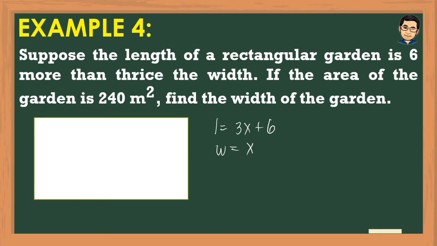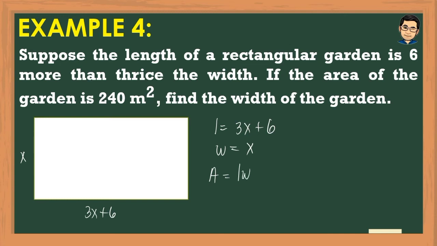Okay, and then the given area is 240 square meters. By the way, i-label natin sila. Ito yung 3x plus 6. And then, ito naman yung x. Okay. So, the area naman ng rectangle is 240 square meters. So, A is equal to LW.